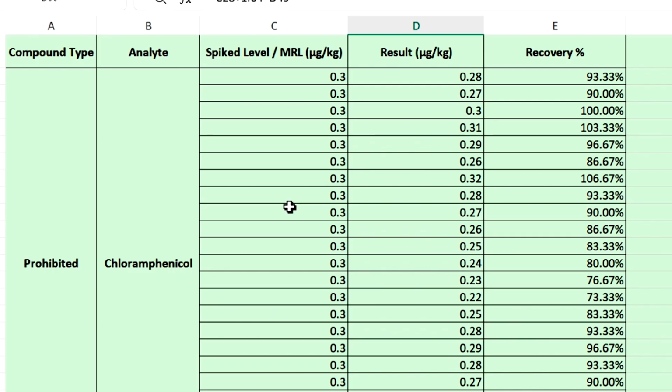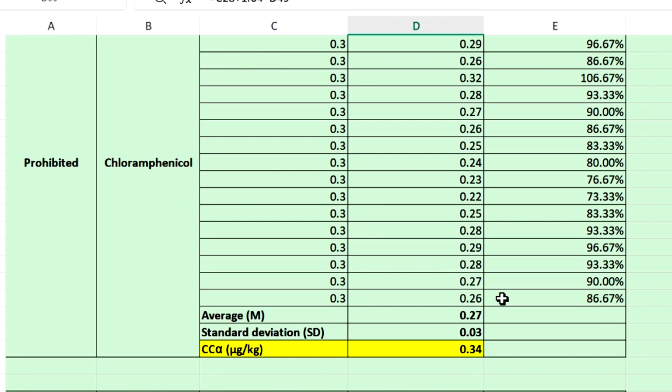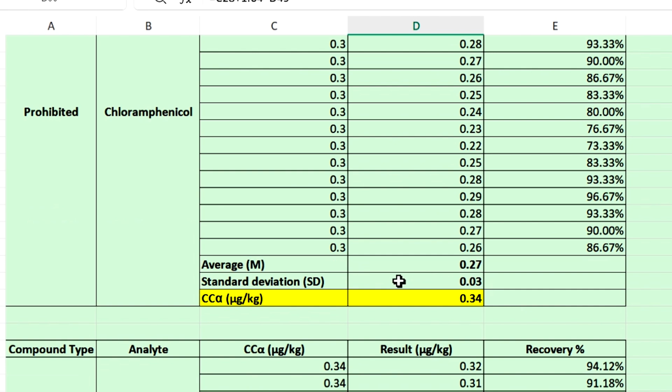As you can see in this Excel sheet, for this prohibited compound, chloramphenicol, I spiked the sample with 0.3 microgram per kilogram for 20 samples. I got these results. Then I calculated recovery, which should be accepted for all of them. Then you calculate the average and standard deviation for all of them.